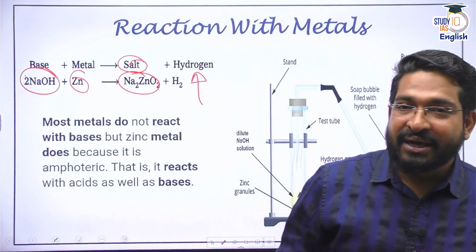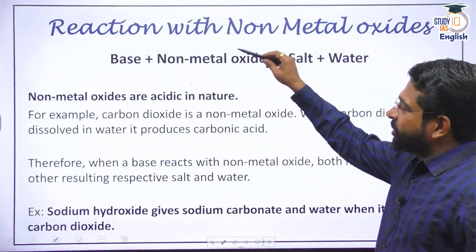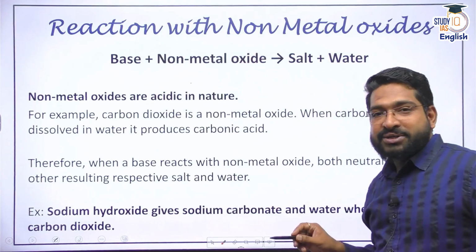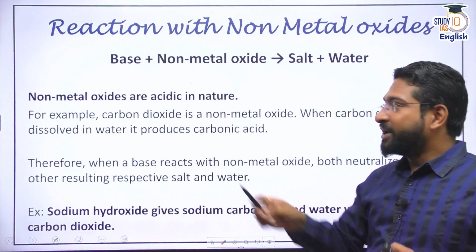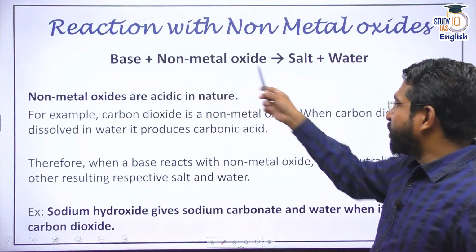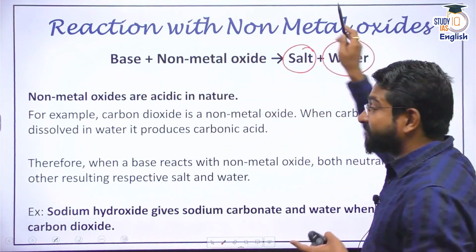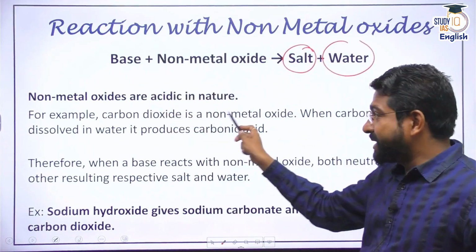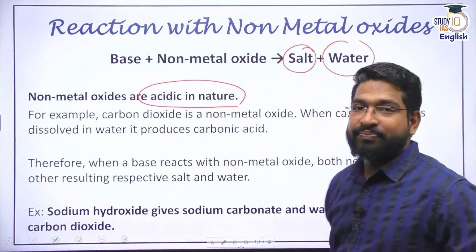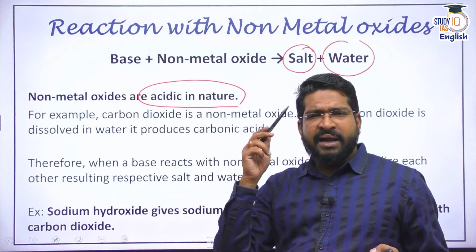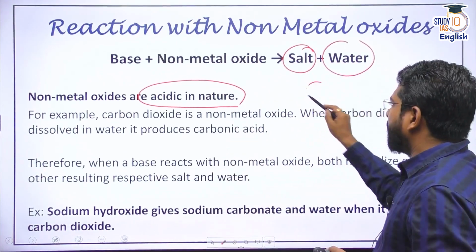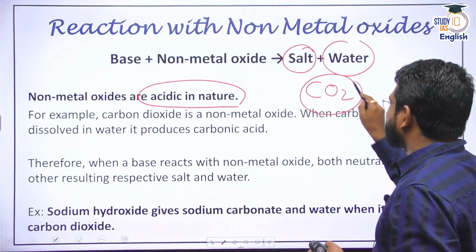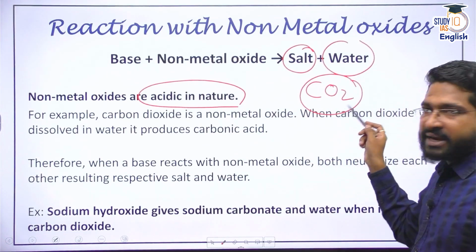Apart from this, how do bases react with non-metal oxides? We discussed how acid reacts with metallic oxides. Exactly that. A base, when added with a non-metal oxide, leads to salt and water. Why? Because non-metal oxides are acidic in nature. One of the classic examples of a non-metal oxide is carbon dioxide.